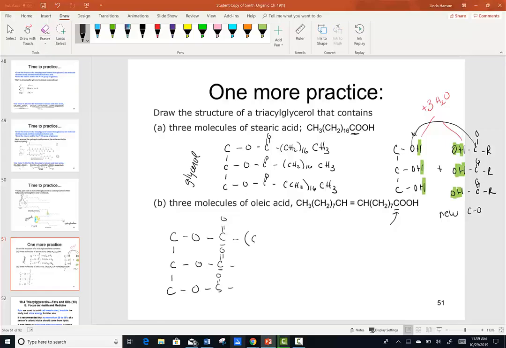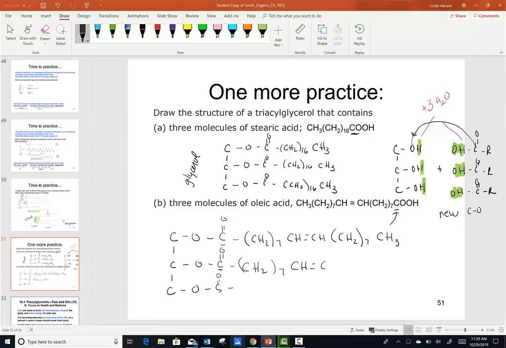What's left is a series of CH2 taken 7 times, attached to a double bond, attached to a group of CH2 taken 7 more times, and the chain terminates with the methyl group. Repeat that 3 times and you'll have this structure.